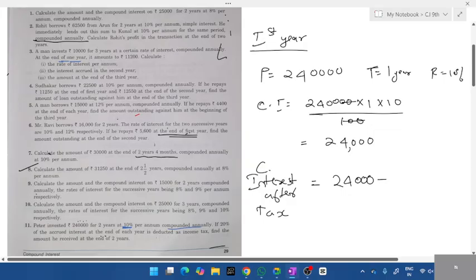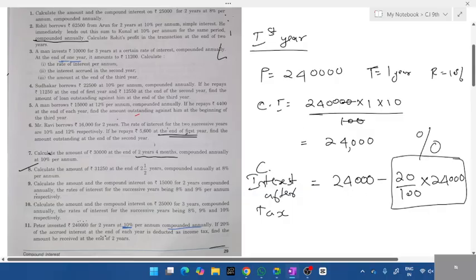Deduct meaning is what? Addition or subtraction? Subtraction. So 24,000 minus 20%. 20 divided by 100 into 24,000.